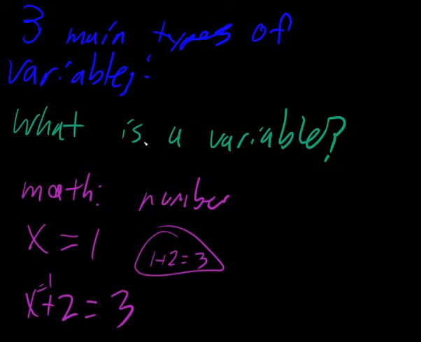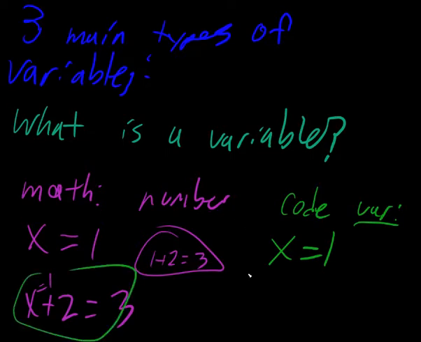And now it's the same in code. So let's just see code variable, var short for variable. So you have x, and x can be equal to 1. And now, instead of you having to do this math, the machine can do it for you. X plus 2 is equal to, and then you can just write that basically.